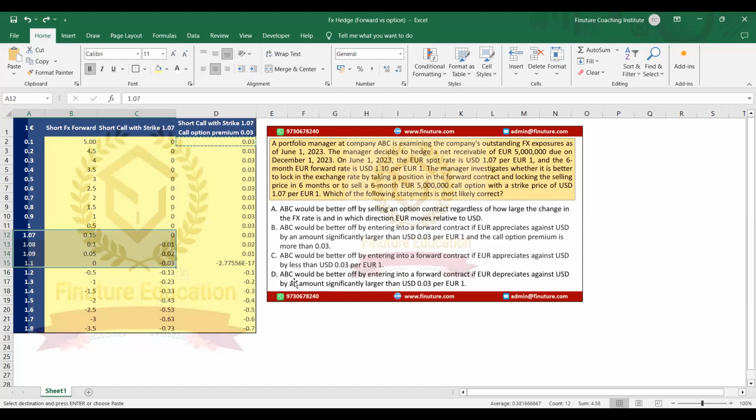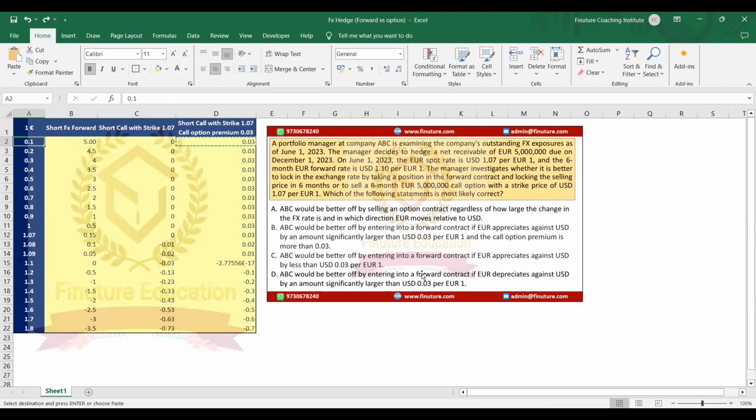And option D: ABC would be better off by entering into a forward contract if the euro depreciates against the dollar by an amount significantly larger than $0.03. So it says depreciate. If your euro depreciates, say hypothetically it goes down to 0.1, then you can have super high gains like $5 million.